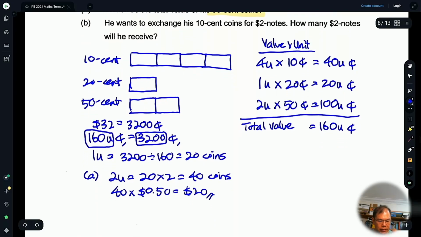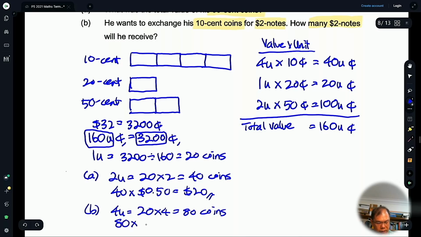Now part B, he wants to exchange his 10-cent coins for $2 notes. Right? How many $2 notes will he receive? So let's find the value of the 10-cent coins first. So 4 units of 10-cent coins. So 20 times 4. That's 80 coins. Right?